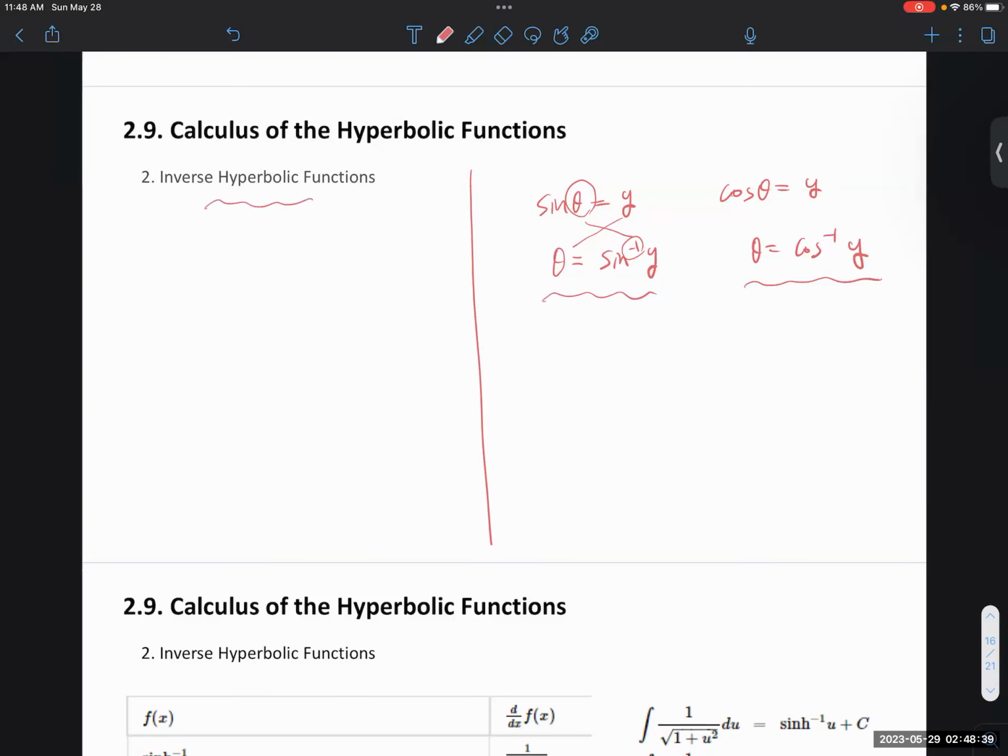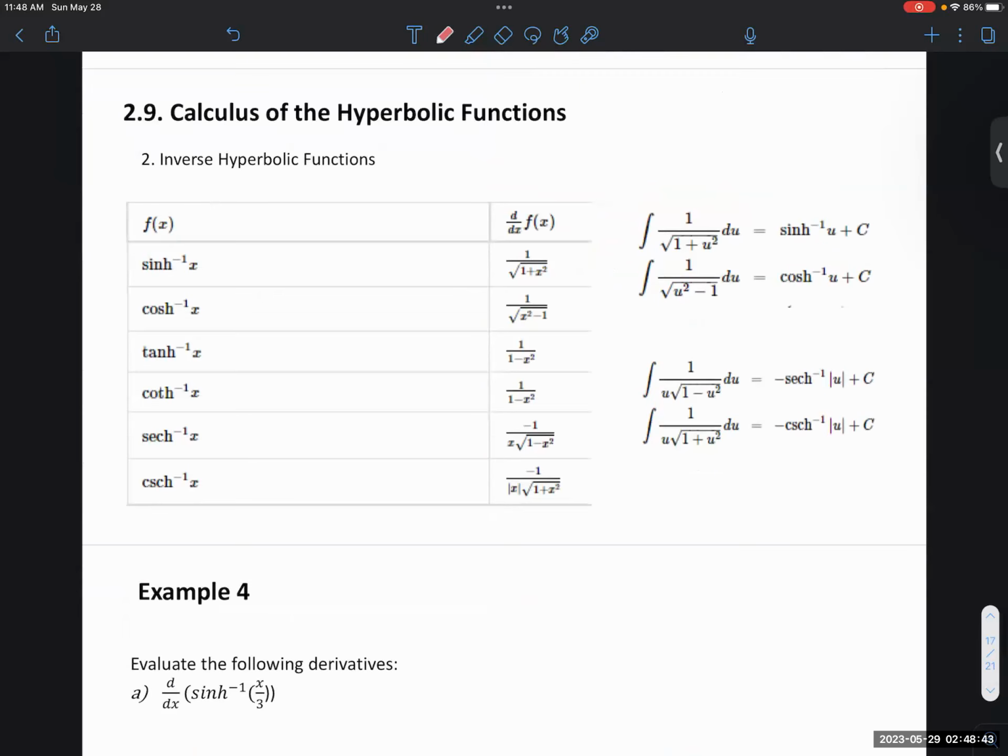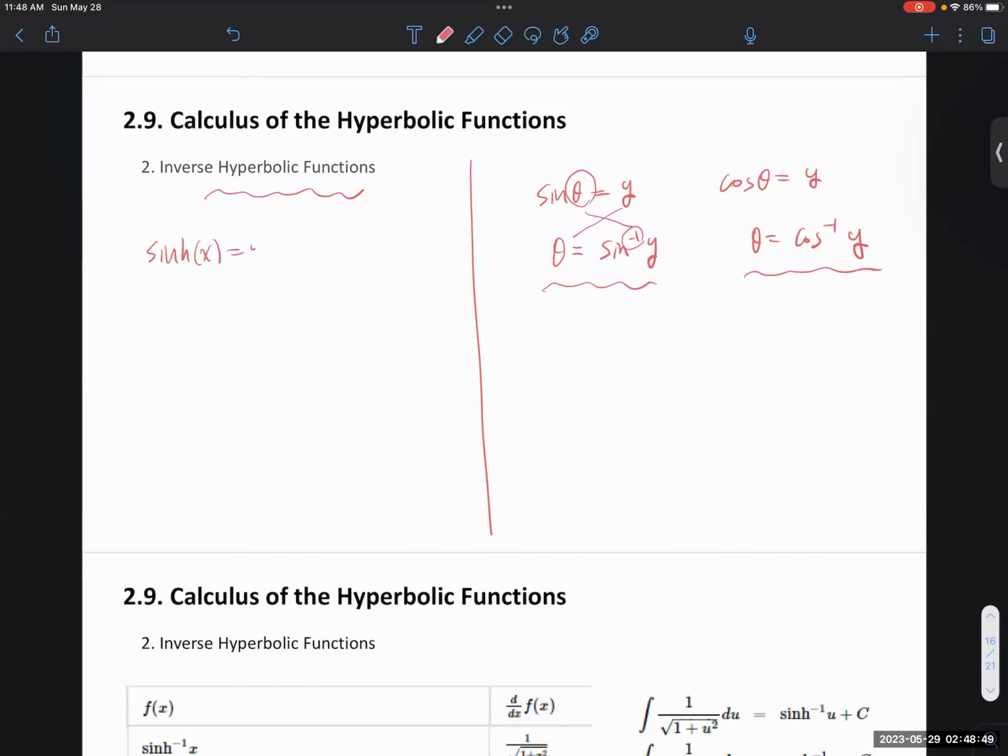What if we have a hyperbolic function? Don't worry, everything is given. Same thing, I have, let's say, sinh x equals y, x equals the inverse. What was x originally? So y. So this time, sinh inverse of y. Same thing, cosh x equals y, you can find x, cosh inverse y.